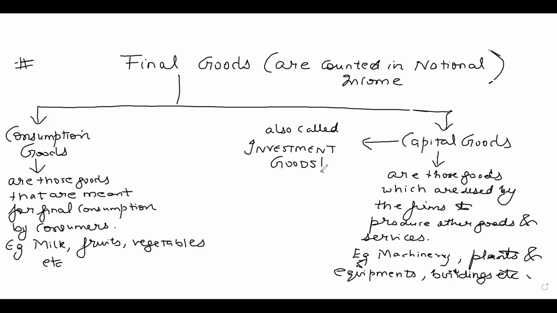Why are they called investment goods? Because they are used by the firm only for investment purposes. That means to produce other goods and services.